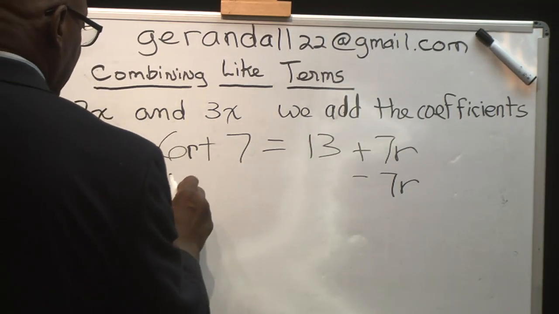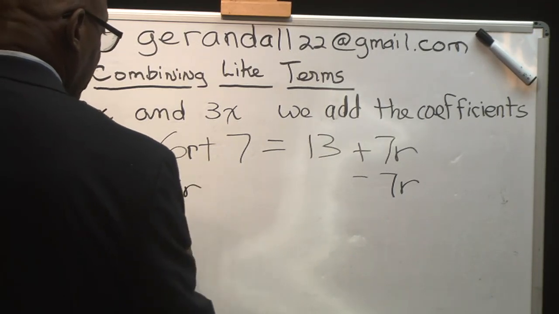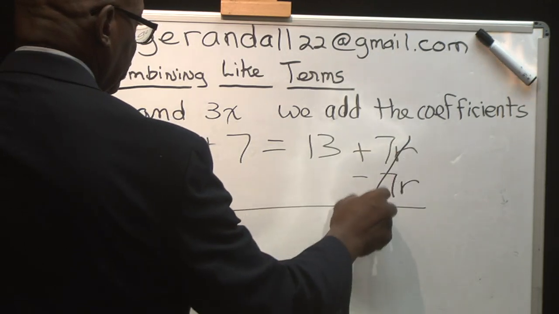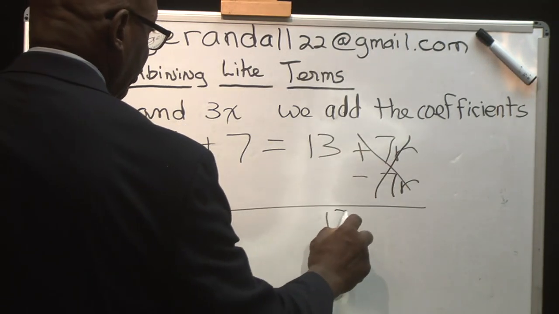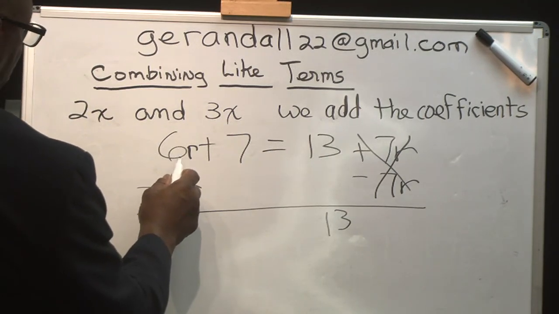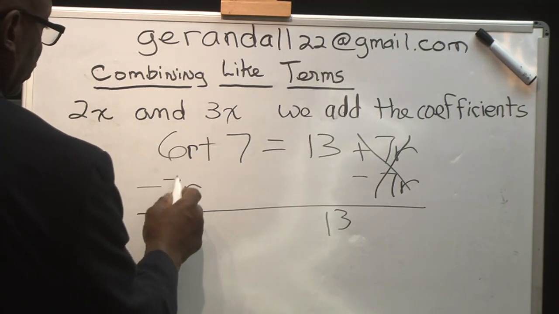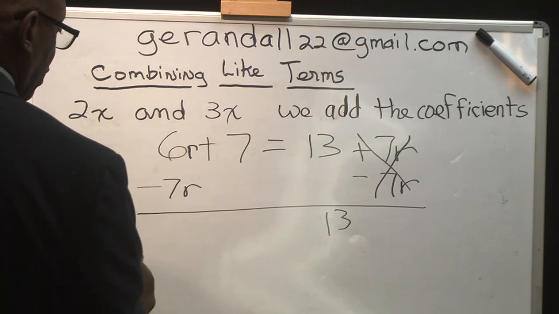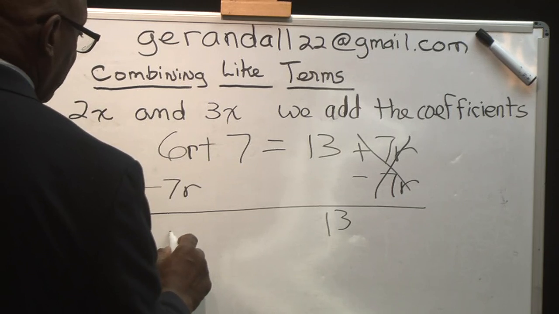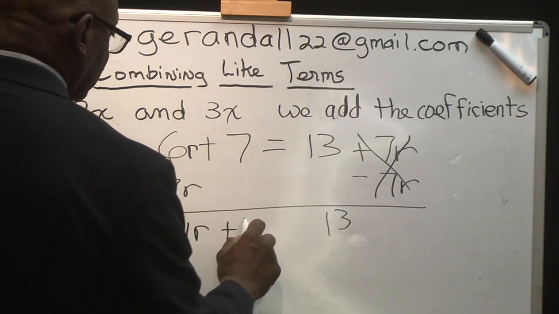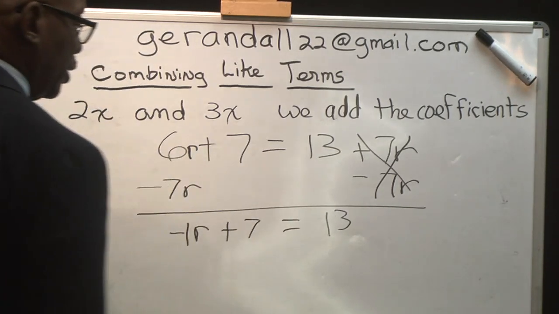So we'll subtract 7r over here. That cancels itself out. We're left with 13. On this side, we have 6, we're just working with the coefficients, and minus 7. So that would be a minus 1r plus 7 equals 13.